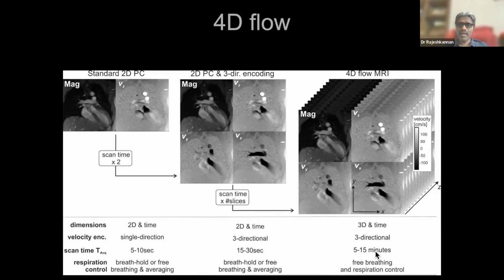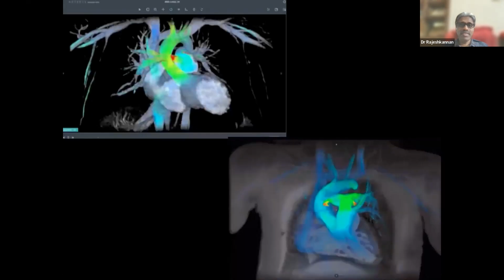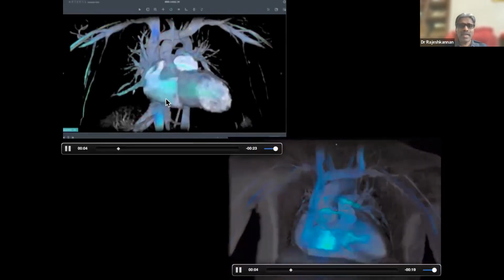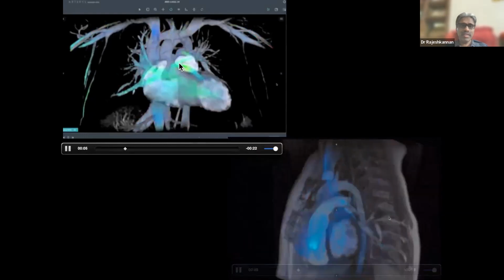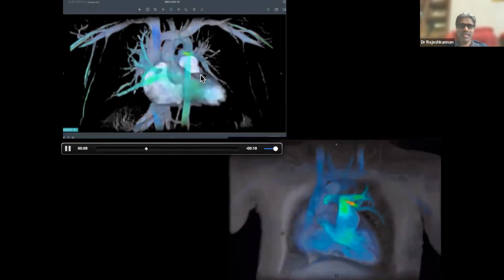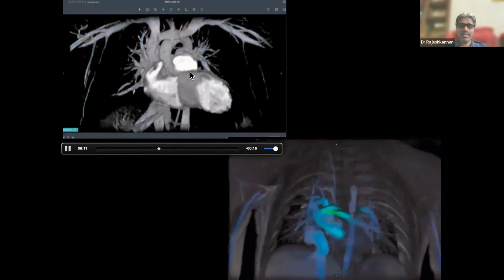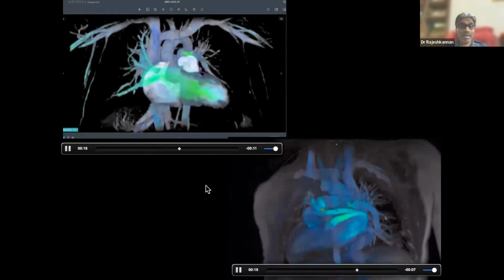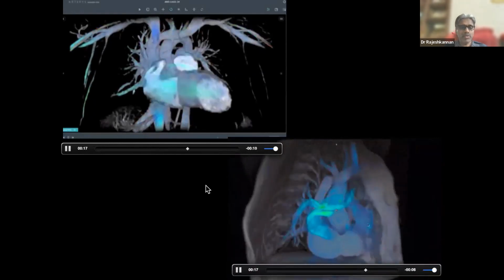Now there are a lot more advances happening where the time is significantly reduced, but the major advantage of 4D flow is we can simultaneously acquire all the vessels. We can acquire both the pulmonary artery and the aorta. We can look at the ascending aorta, arch and the descending aorta, and even smaller vessels can be identified.